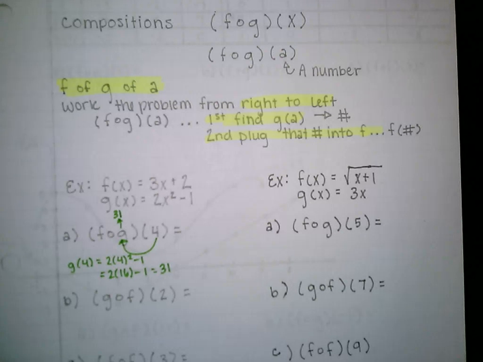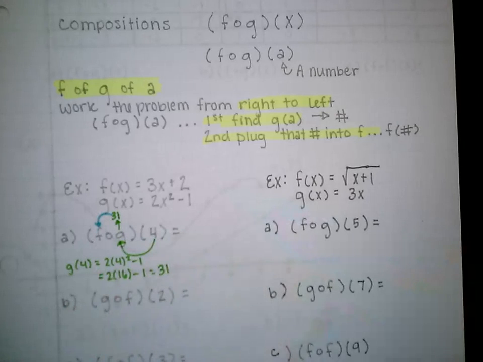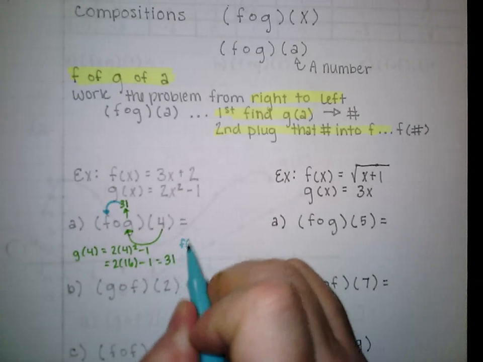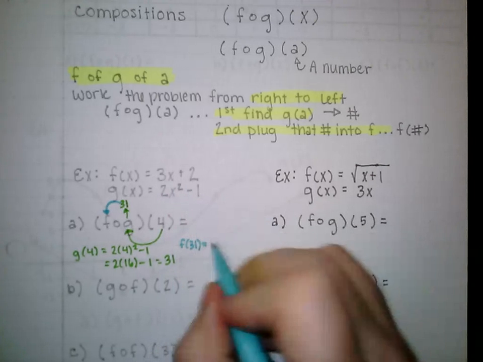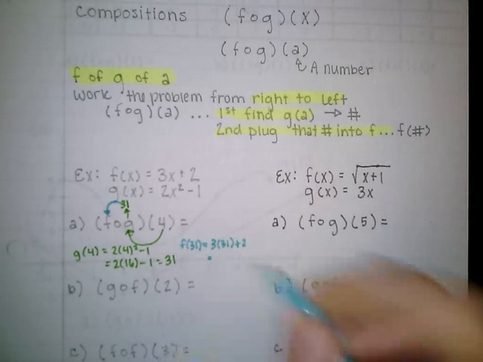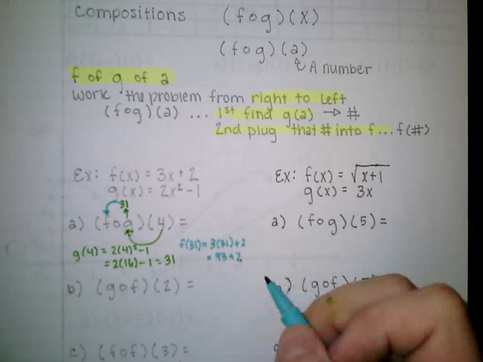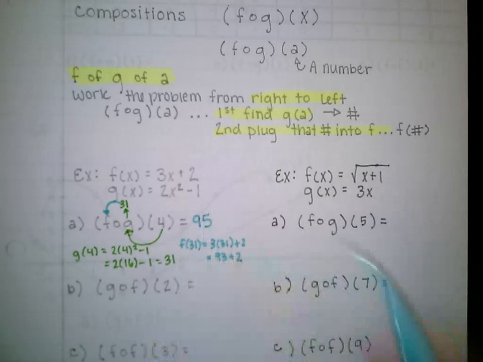Then I'm going to take that output of 31 and put it into the function f. So then I'm finding f of 31. f of x is 3x plus 2. So 3 times 31 plus 2, which would be 93 plus 2. So we got out 95, which makes that our ending answer.